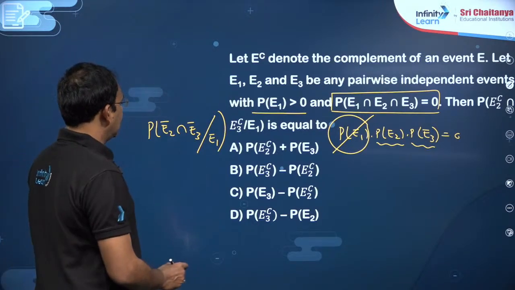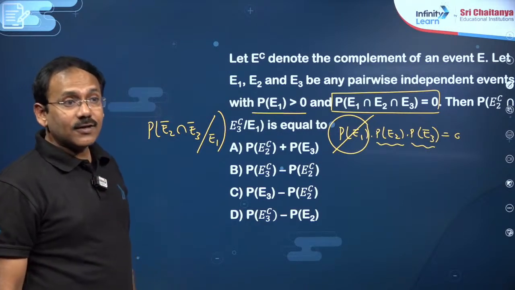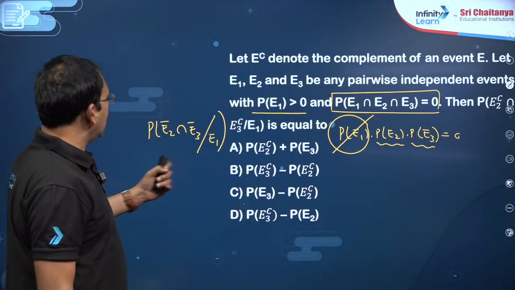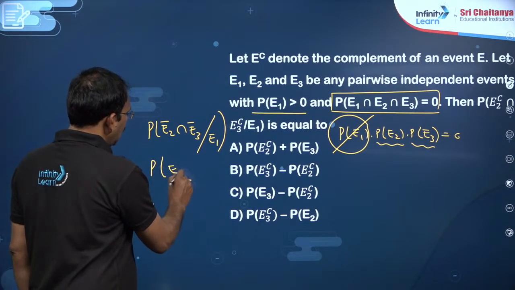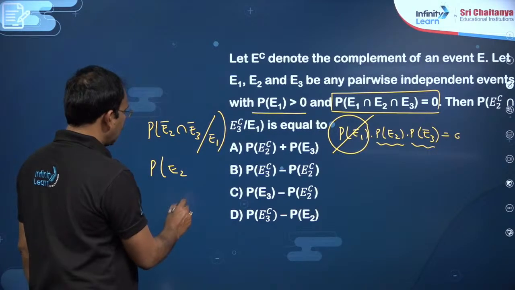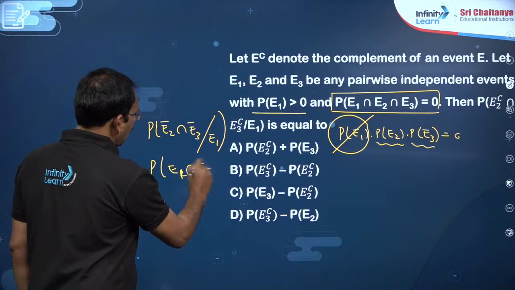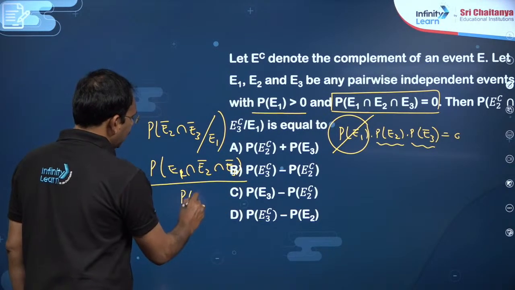So you can write E1 has happened. After that you have to get the probability of E2 bar intersection E3 bar. So you can write P of E1 intersection E2 bar intersection E3 bar by P of E1.